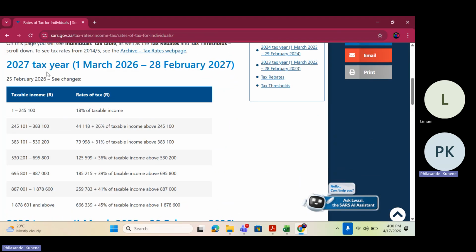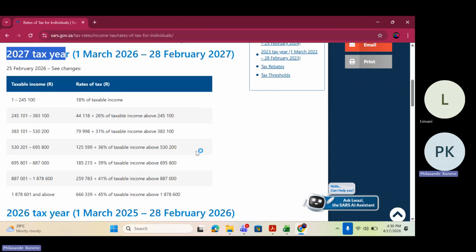Can you see? This is the one for the 2027 tax year, which means someone who is at work right now, we're using this table to calculate the tax that they're going to pay.